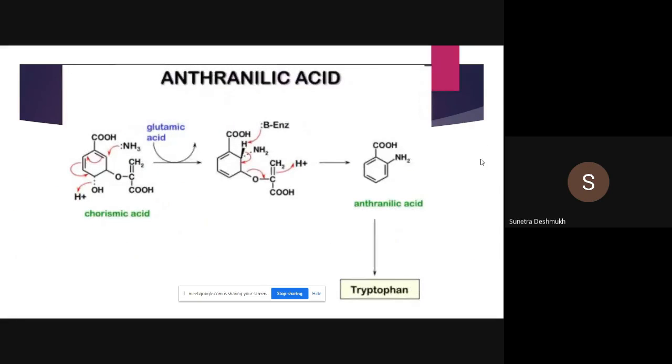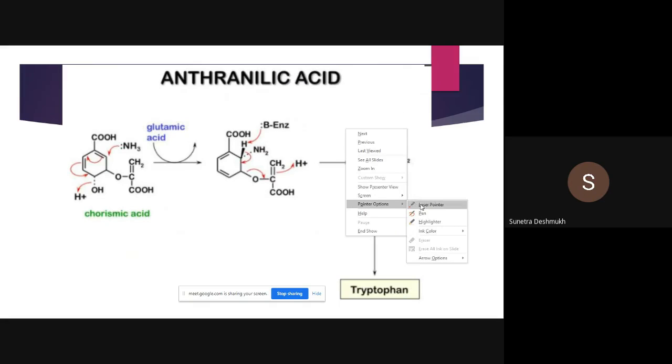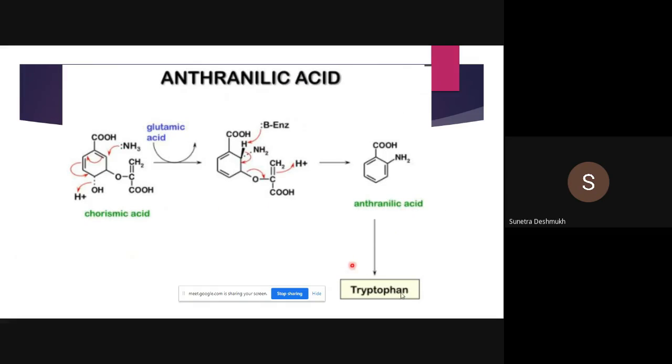So we can synthesize tryptophan here. Tryptophan is an amino acid, and we can synthesize it from anthranilic acid. But this anthranilic acid is itself synthesized via a biosynthetic pathway from chorismic acid.